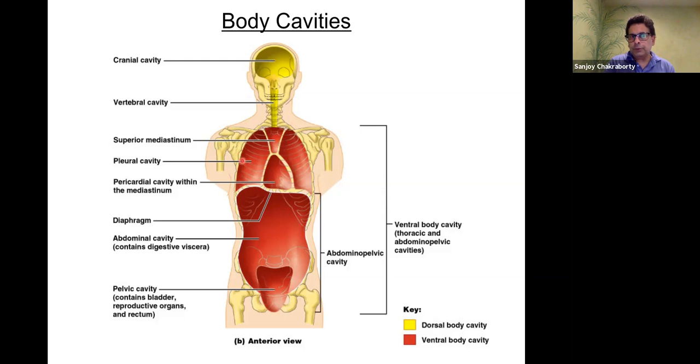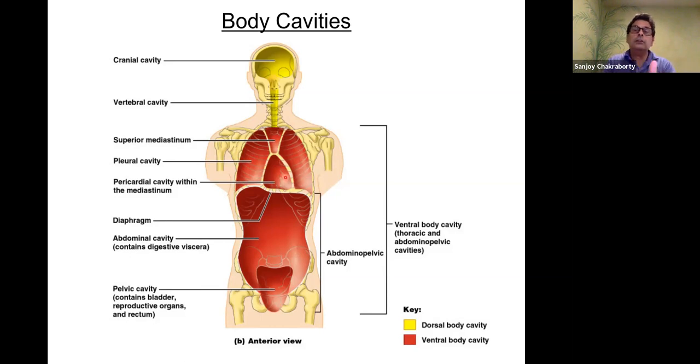This is for your right lung, this is for your left lung. Remember, left and right of the subject. This is the right lung, that's the left lung. And right in between those two lungs, you have the heart. So these cavities are called the right pleural cavity, the left pleural cavity, and this is called the pericardial cavity, because this is around the heart.